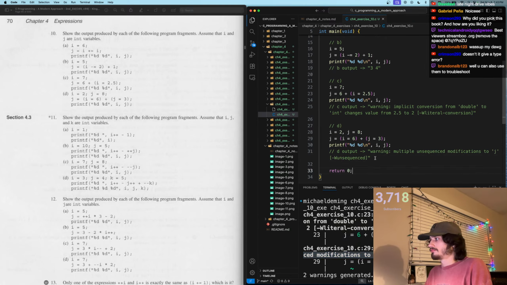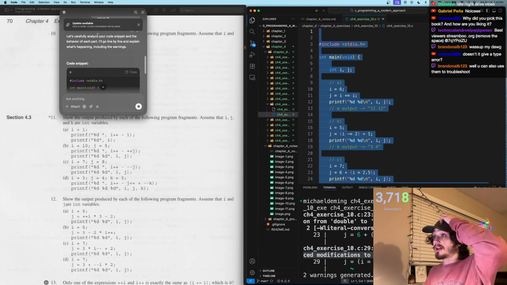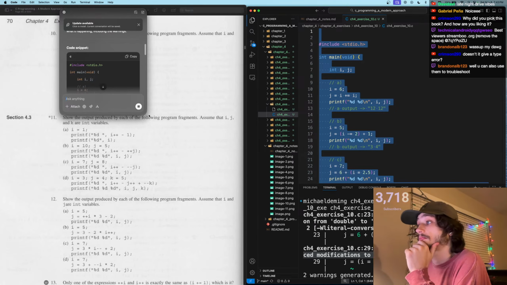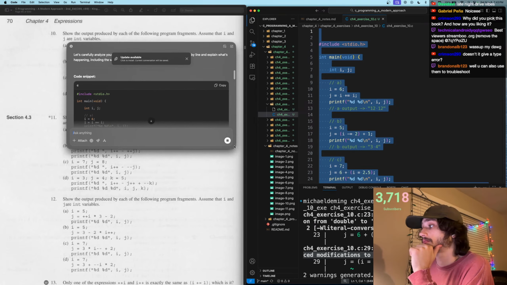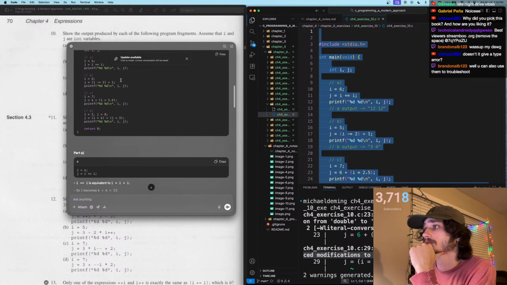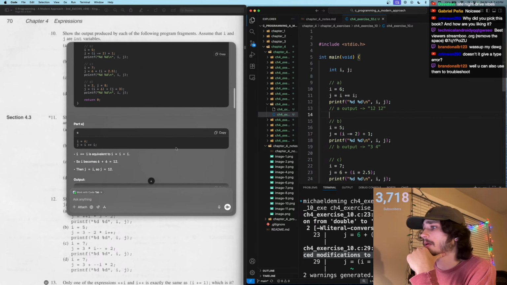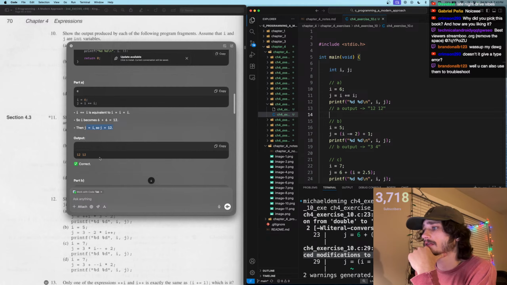Let's get some feedback on these ones. Let's carefully analyze our code snippets. Part A would print out 1212, perfect.